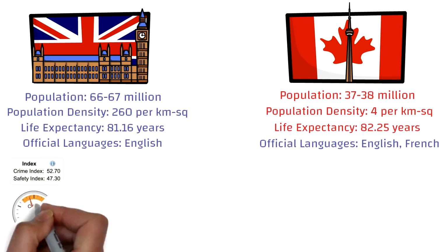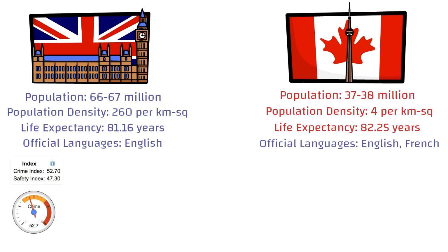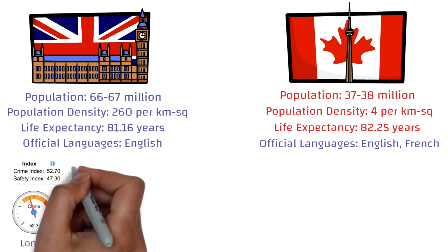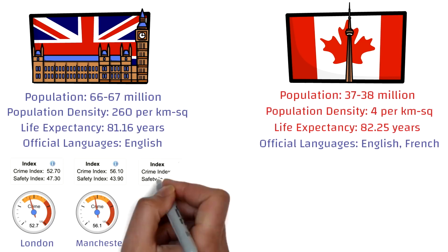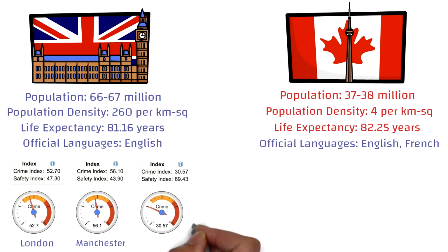Okay, now let's talk about the crime and safety index. For London, the crime index is 52, and for Manchester, it's 56. For Edinburgh it's around 30. So out of these three cities, Edinburgh is much safer. But the comparison is between the UK and Canada, so let's check out the crime index of Canada.